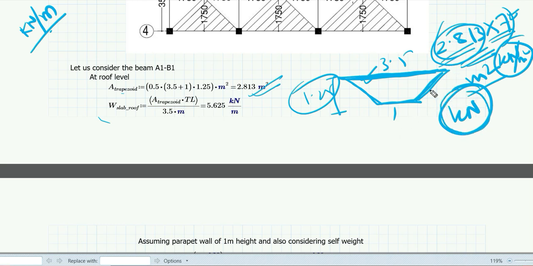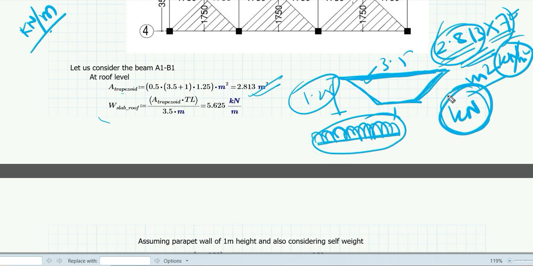But we need the load per unit length, because for this beam, this whole load we can convert to an equivalent UDL. Though it's not exactly an equivalent UDL, for simplicity we can convert it to an equivalent UDL. And what will the equivalent UDL be?